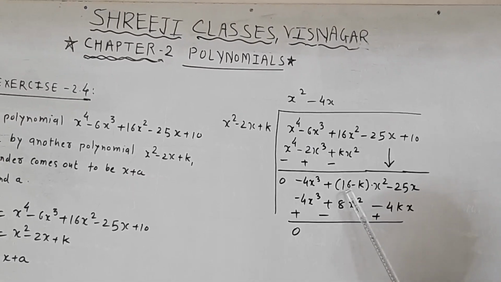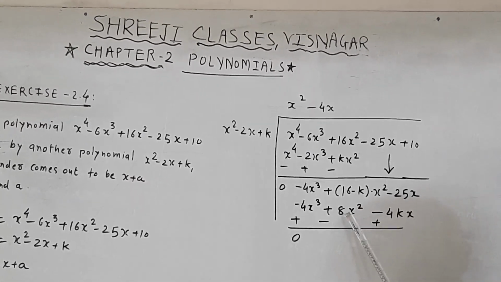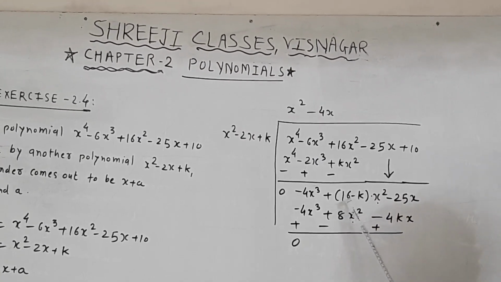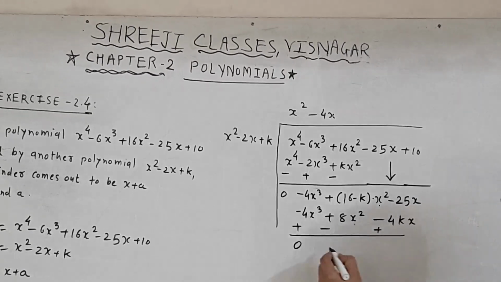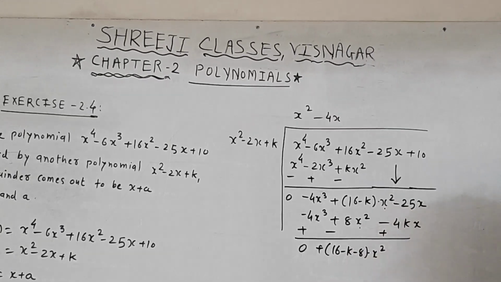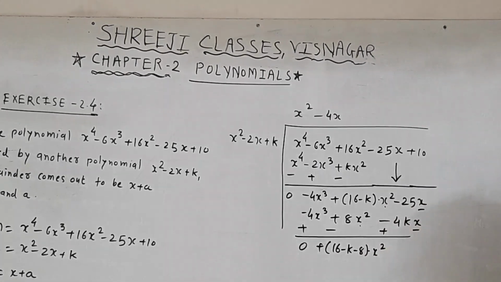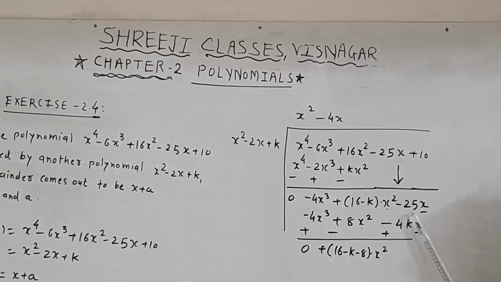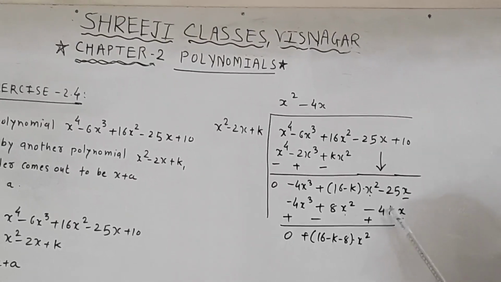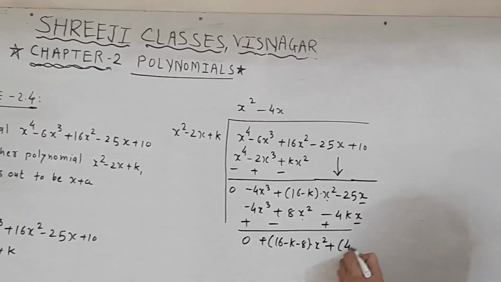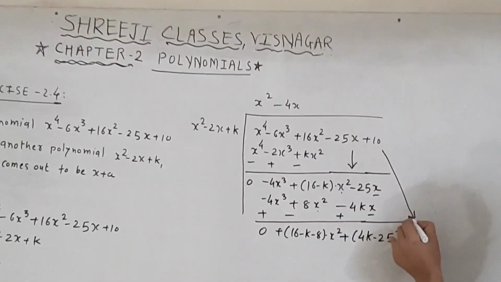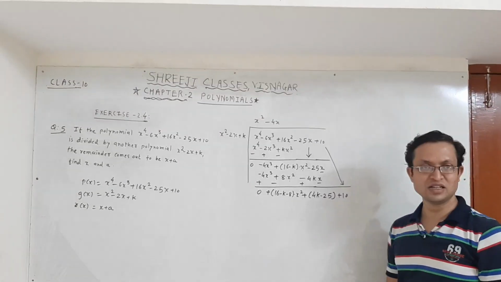Therefore the remaining term is into bracket 16 minus k minus 8, into bracket x square. Here similarly x is common. 4kx is positive sign and 25x is negative sign. Therefore x is common, that is equal to positive 4k minus 25, and plus 10 as it is. Okay, understand this one?